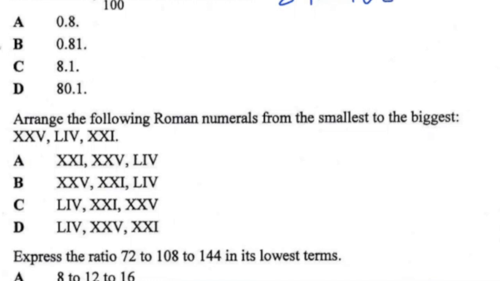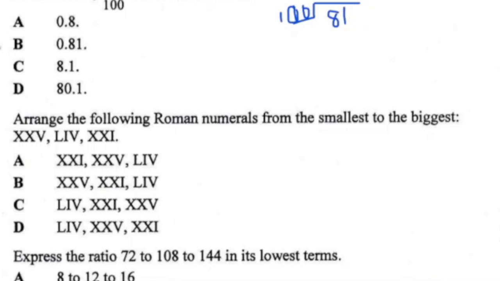Maybe the best way we can do it is to use long division, which I'm going to write like this. Then we write 100 here, and down here we write 8.